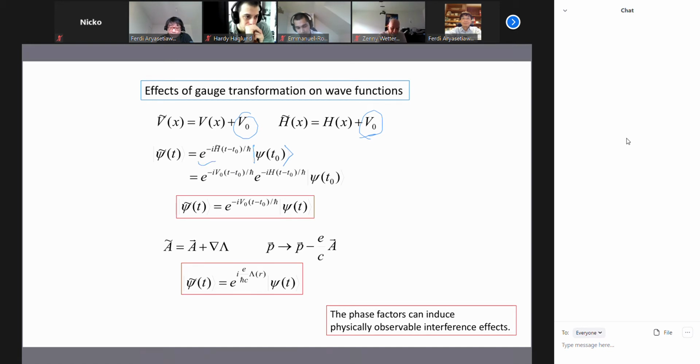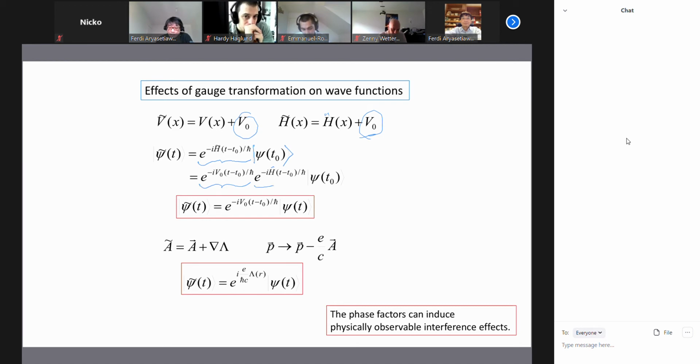This is our time evolution operator. Since V0 is constant, it commutes with the Hamiltonian. There should be a hat here. So then we can just take out the V0 from the exponential, and we just get this phase factor here.